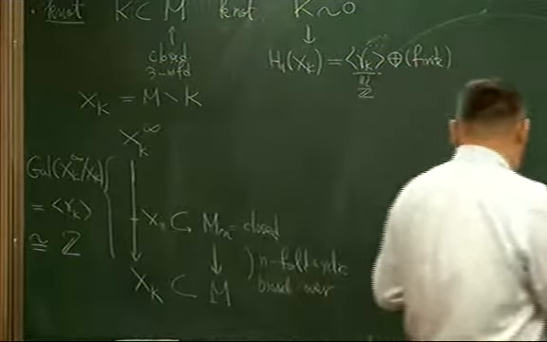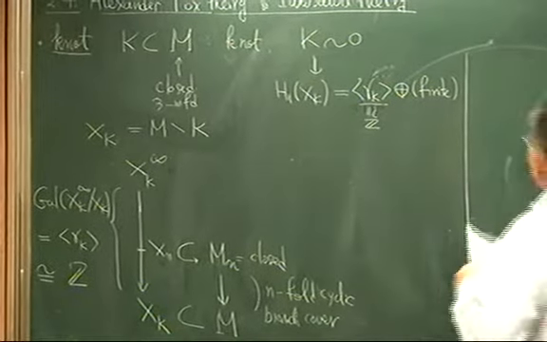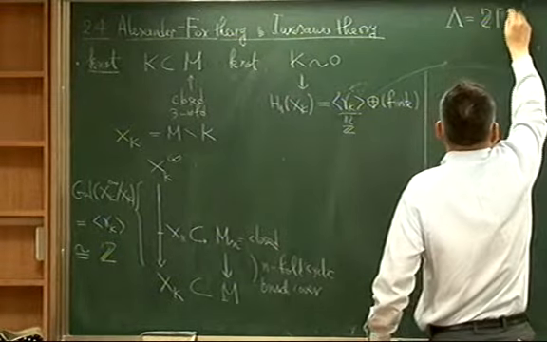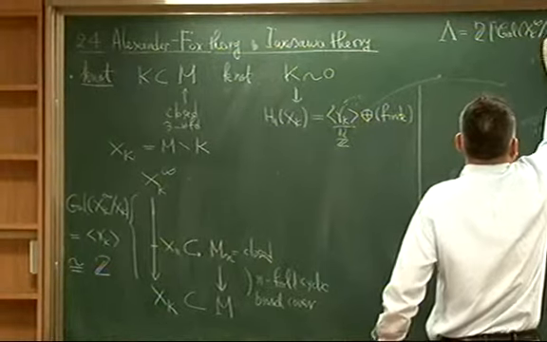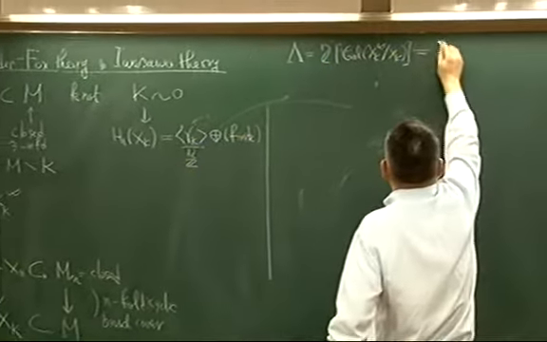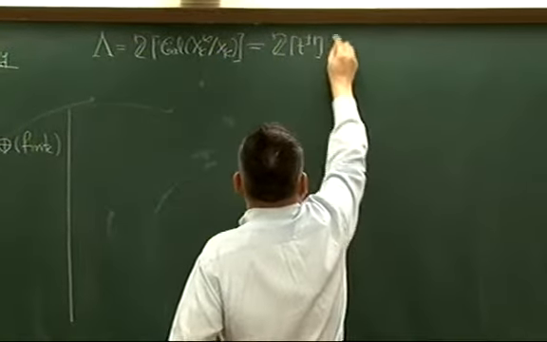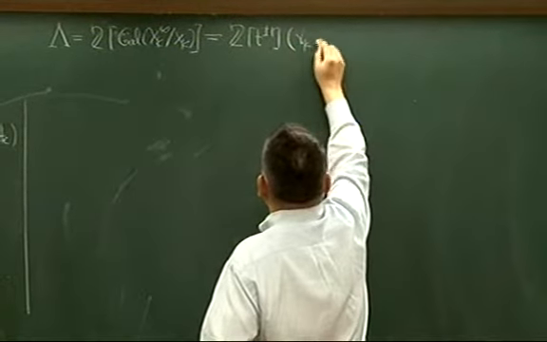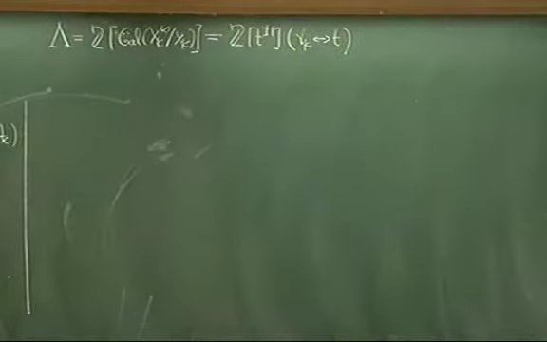Now, let Lambda be the group ring of the Galois group of X_K infinity. This group ring is identified with the Laurent polynomial ring by identifying the generator of the Galois group with the variable t.